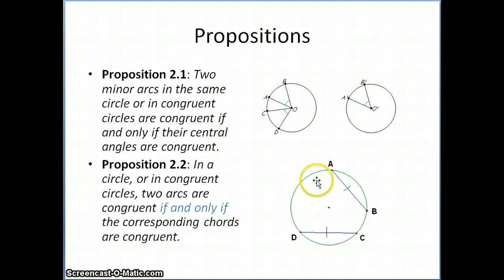Vice versa, if we know the chord AB and the chord CD are congruent, we can use side-side-side to prove these two triangles are congruent. And then, of course, if the two triangles are congruent, the corresponding angles are congruent. So these two central angles are congruent by proposition 2.1. If the central angles are congruent, the corresponding arcs are congruent. So arcs AB and CD will be congruent. So we can use congruent triangles to prove proposition 2.2 easily. So I will skip the proof here.